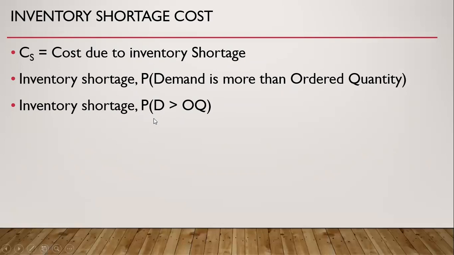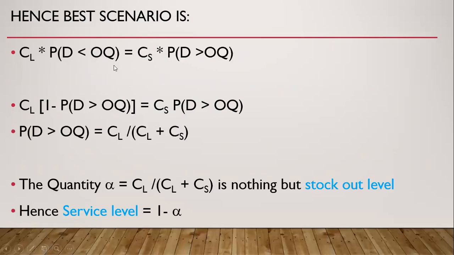And if we balance these two scenarios, we equate these two costs. We multiply CL by the probability of the surplus situation and CS by the probability of the shortage situation. When we rearrange, we can derive the critical level ordered quantity as CL divided by the summation of CL and CS.